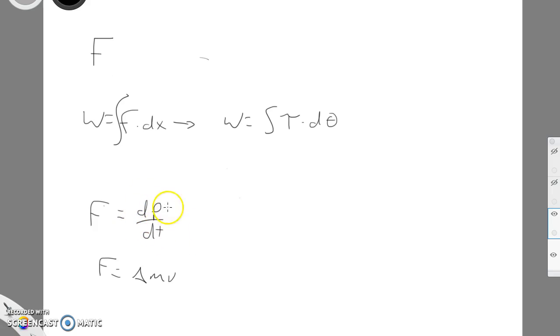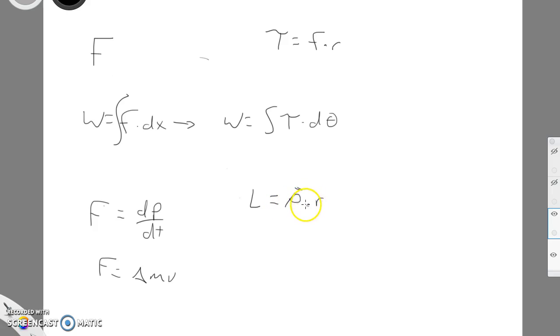So just like we have linear momentum, we also can have angular momentum, okay? And just like to find torque, we multiplied the force times the radius, to find angular momentum, which we'll use L to symbolize, we multiply the momentum times the radius.